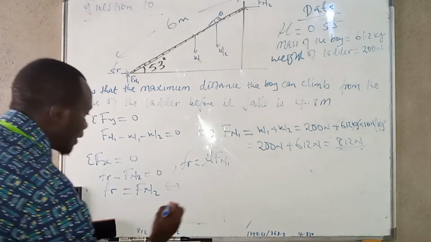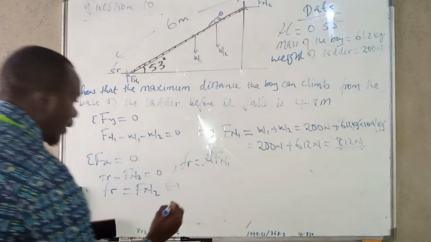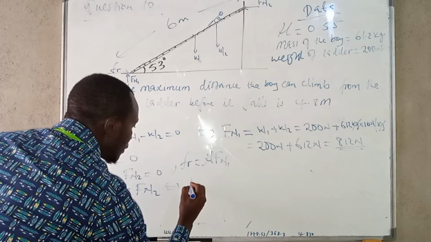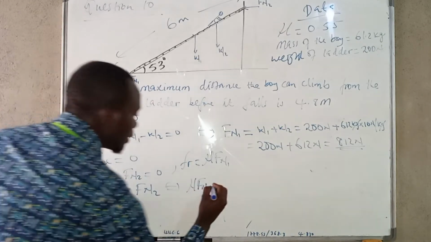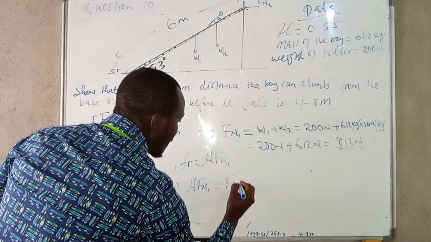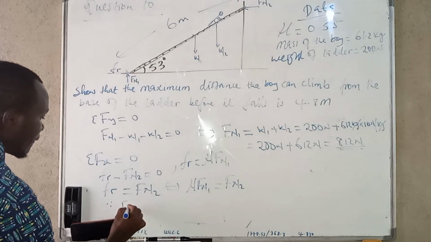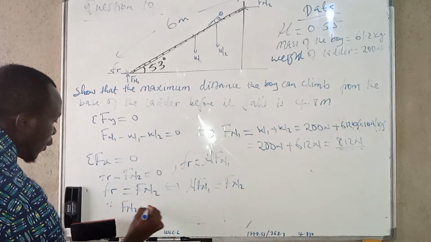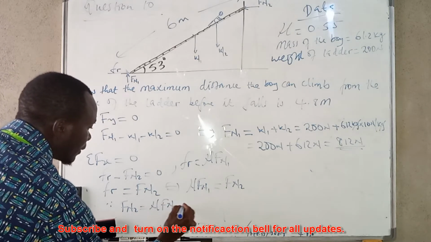So where there is Fr1, we put mu Fn1. Mu Fn1 is equal to Fn2. Therefore, Fn2 will give us mu Fn1.